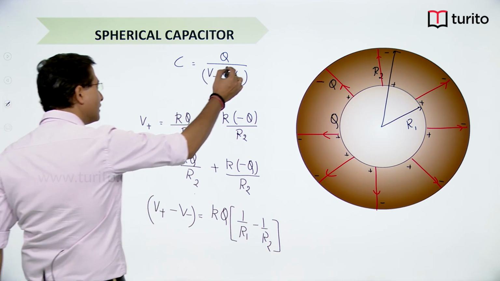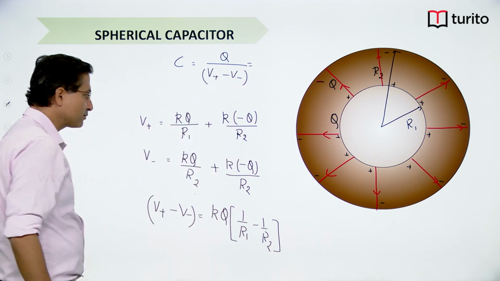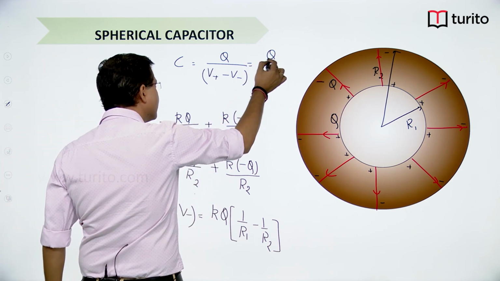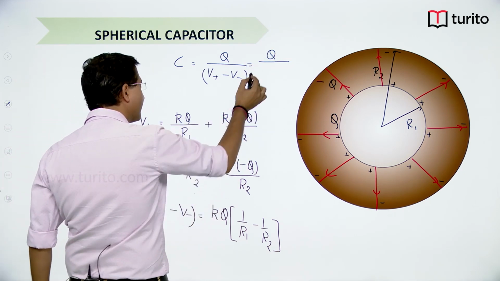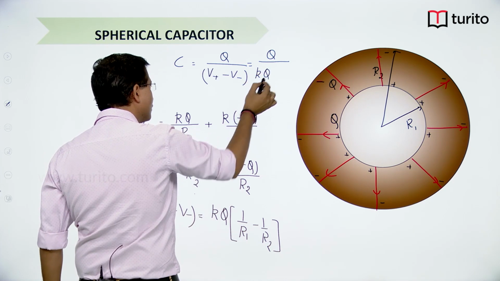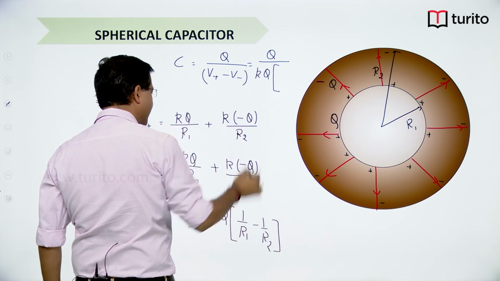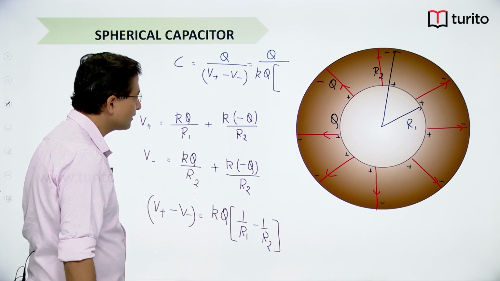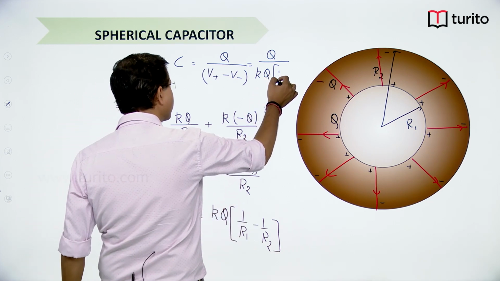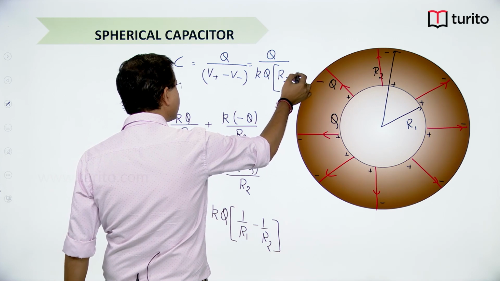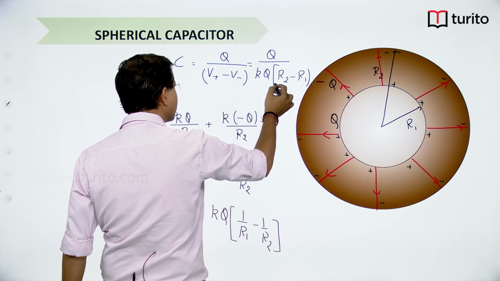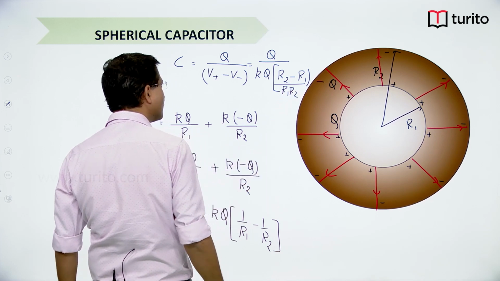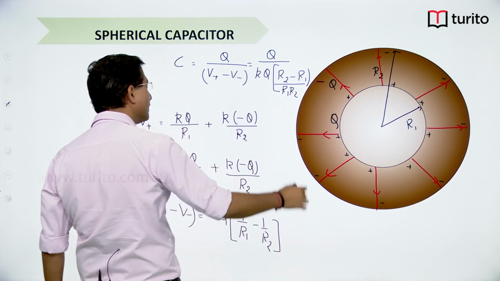So, let us substitute q divided by kq in bracket, I can simplify R2 minus R1 over R1 R2, right, R2 minus R1 over R1 R2, clear.